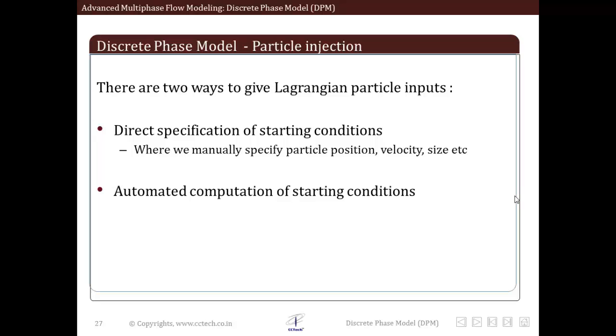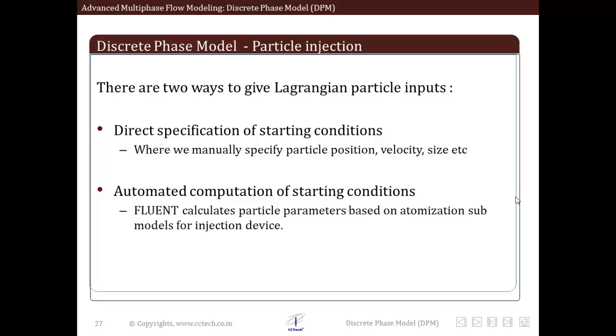The second option is automated computation of starting conditions. This is suitable for standard equipment like atomizers and other standard injection equipment. Fluent calculates particle parameters based on automation submodels for standard injection devices.